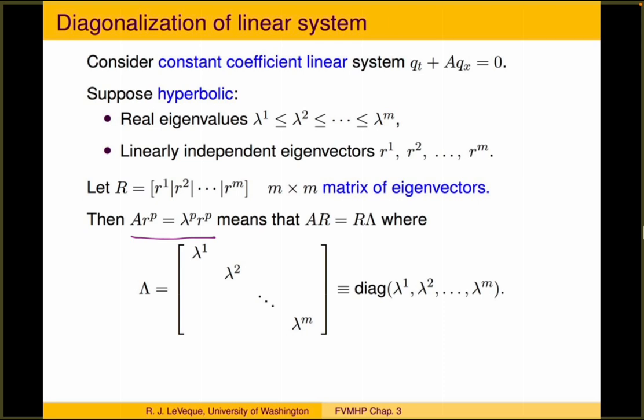And if we put all of those eigenvectors together into the matrix R, then this says that A times the matrix R is simply equal to R times Lambda. Notice the order is different here because if we scale each column vector by a different eigenvalue lambda_p, that corresponds to multiplying the matrix R on the right by the diagonal matrix Lambda, this diagonal matrix containing the eigenvalues.